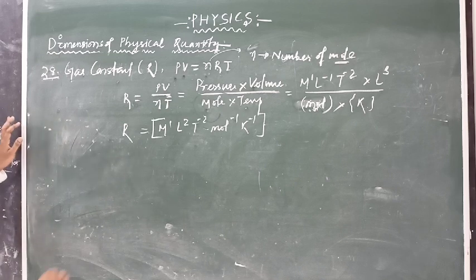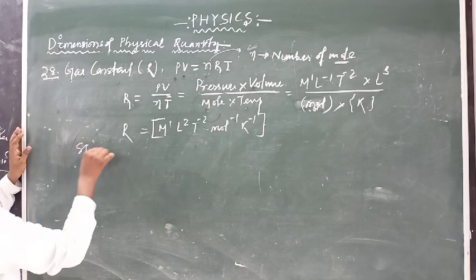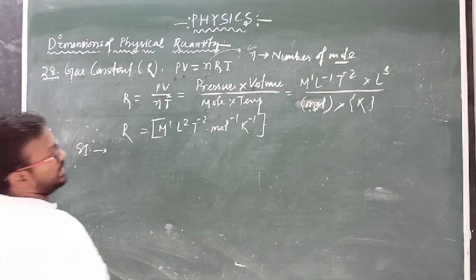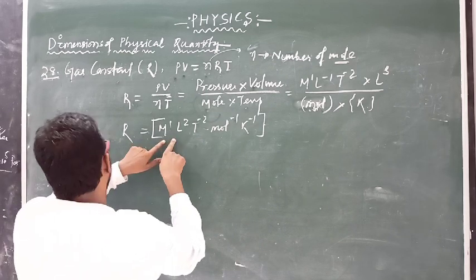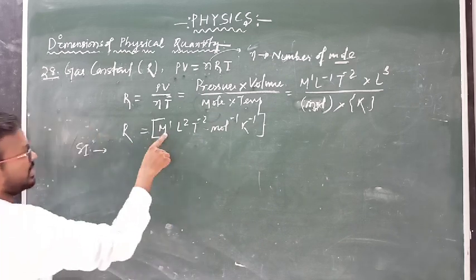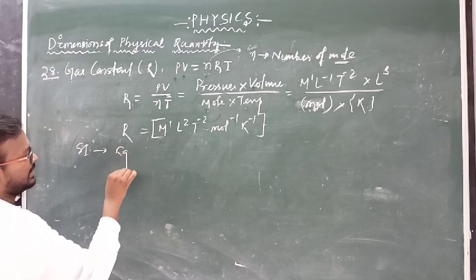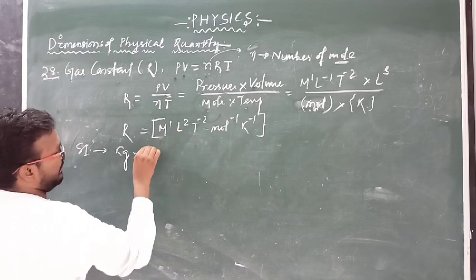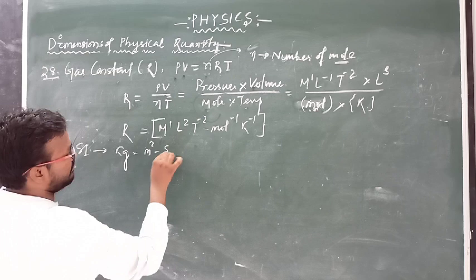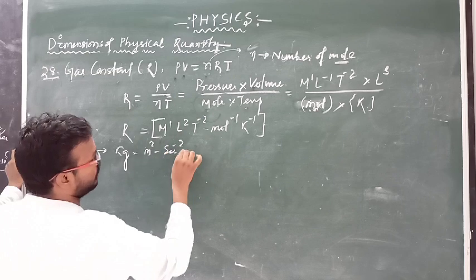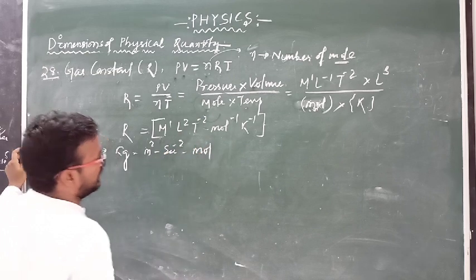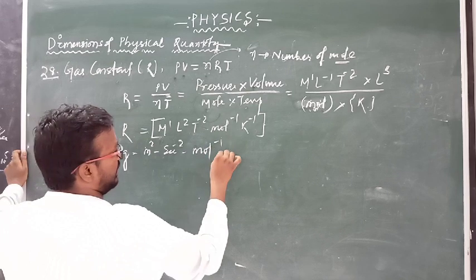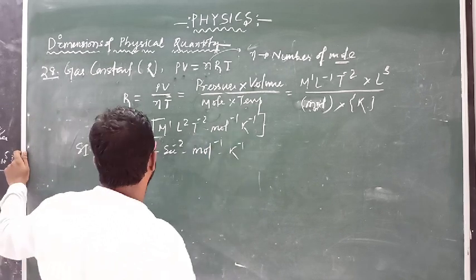Clear? If you want to write the SI unit of gas constant R, you can write the unit from the dimension. M1 means kg, meter square, time second minus 2, mole minus 1, and Kelvin minus 1.